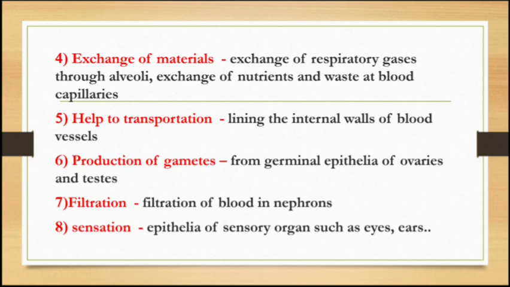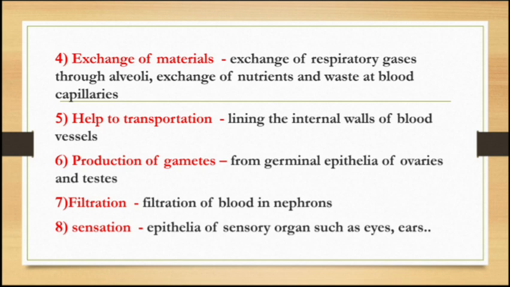Then, production of gametes: the germinal epithelia of ovary and testes. The germinal epithelia of ovaries produce ovules. The germinal epithelia of testes produce sperms. So, production of gametes, of ovules and sperms, is one of the functions of epithelial tissues.